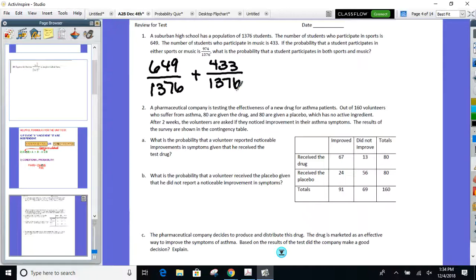You still have to do what with the or? Subtract out, they do sports or music, because you don't want to count them twice. 974 out of 1,376. And that will give you the probability they do both.